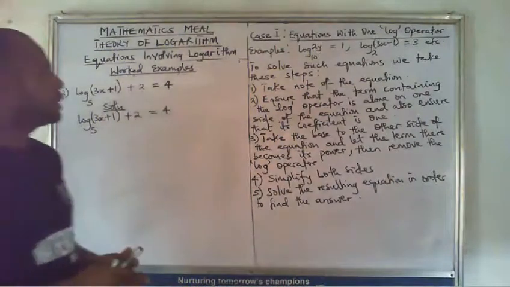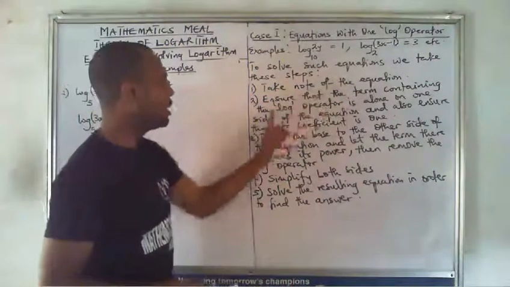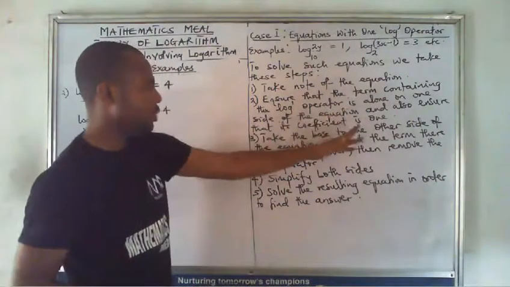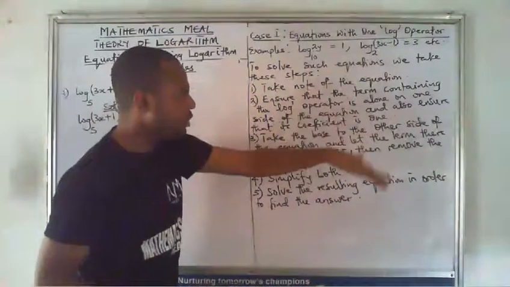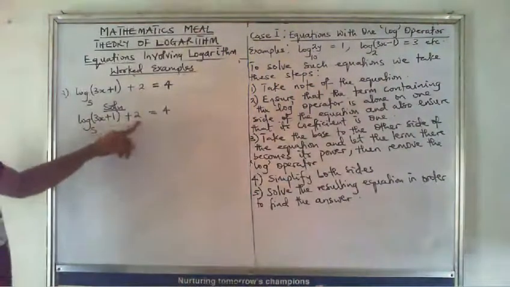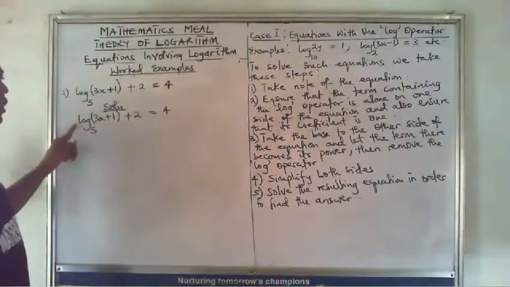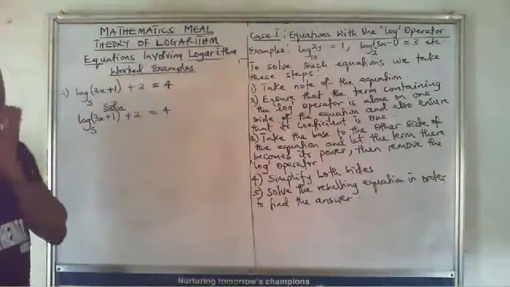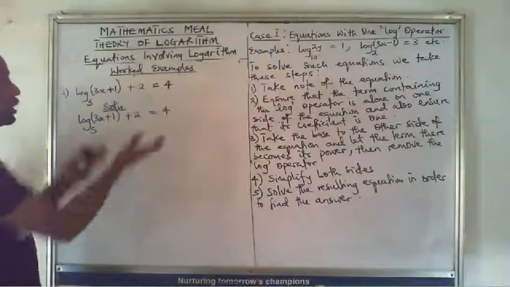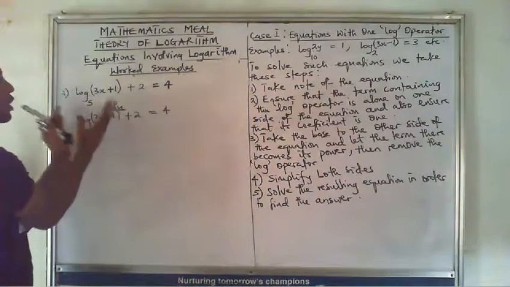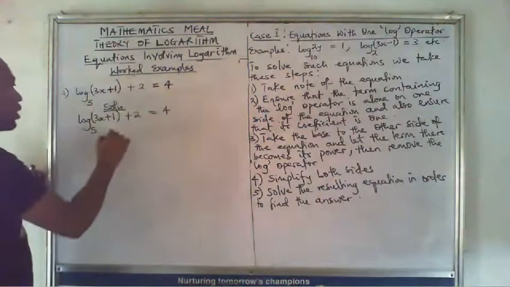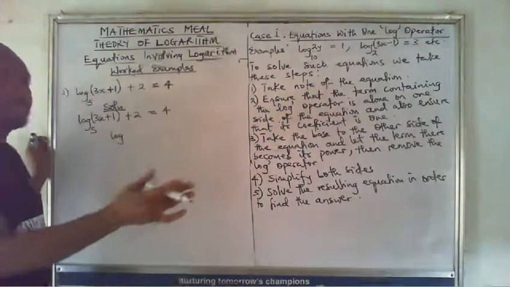Okay? They say ensure that the term containing the log operator is alone on one side of the equation, and also ensure that its coefficient is 1. It's not alone. We have 2 here. The coefficient is 1, but we need to deal with this. Because the log term is not alone, we need to take these 2 to the other side. We are still going to apply the knowledge of our basic mathematics.